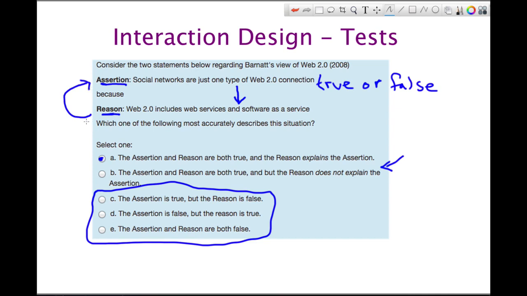Then the causality is round the wrong way. And if you think the causality is round the wrong way, then the reason does not explain the assertion and you answer option B. That's not always the case. There may be some other reason why the reason does not explain the assertion, but that's a typical occurrence.